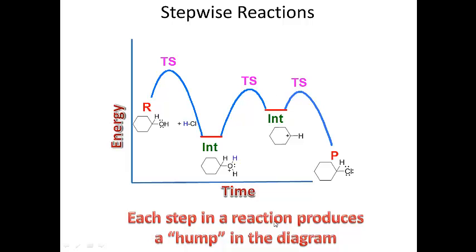Every step in a reaction produces a hump in the energy diagram. So if a reaction has 5 steps, it's going to be represented by an energy diagram with 5 humps. This particular reaction had 3 steps, so we went through 3 transition states, but we also formed 2 intermediates.